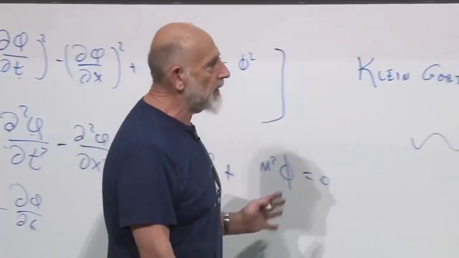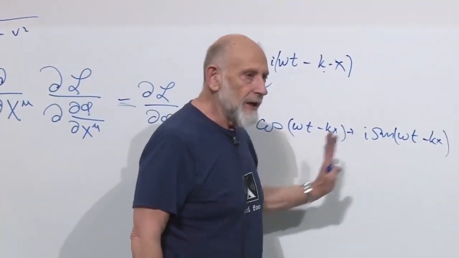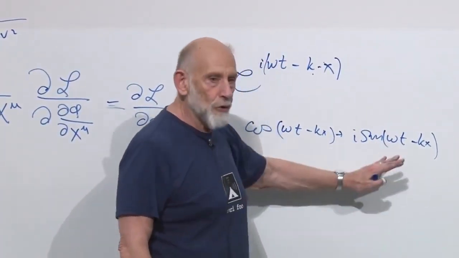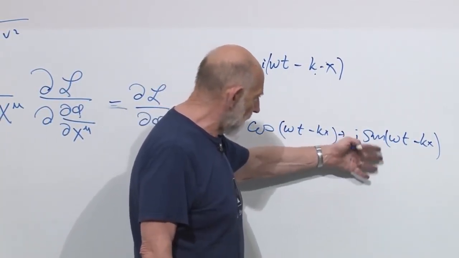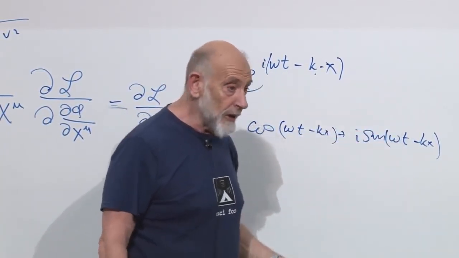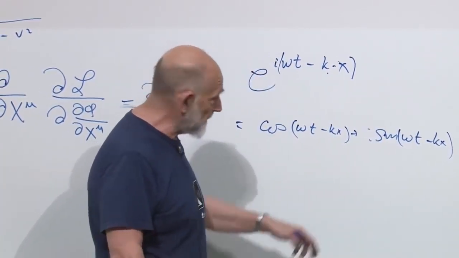So both the real and imaginary parts are solutions of the equations. A construction like this gives you two real solutions, cosine and sine. You can add them together with real coefficients too, and they're still solutions.